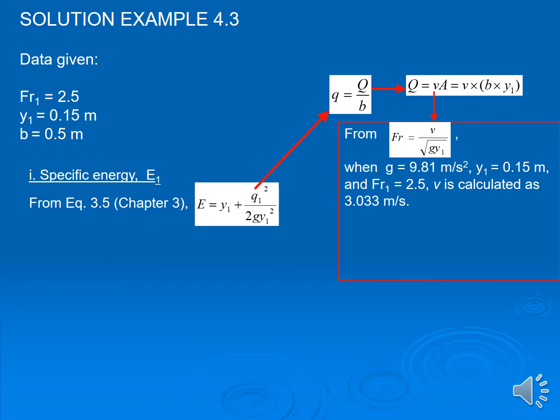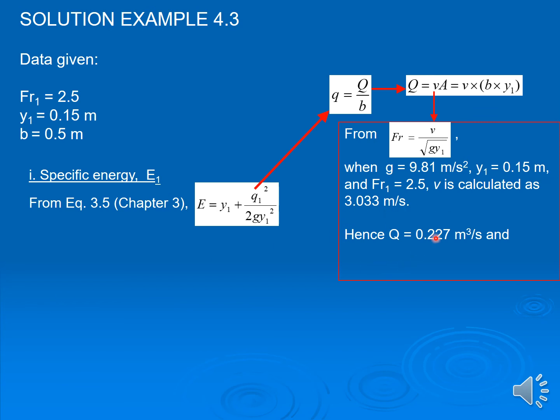So V is calculated as 3.033 meters per second. So you substitute the value of V here into this equation, you will obtain the Q value equal to 0.227 cubic meters per second.